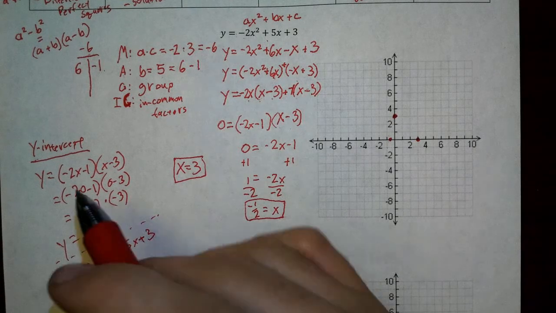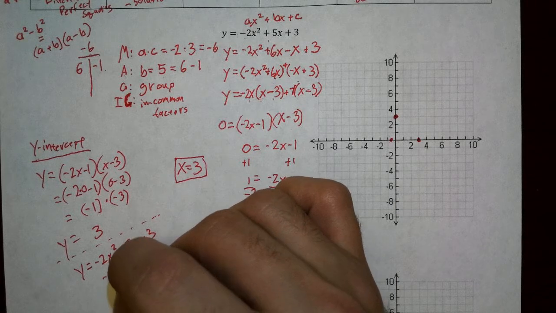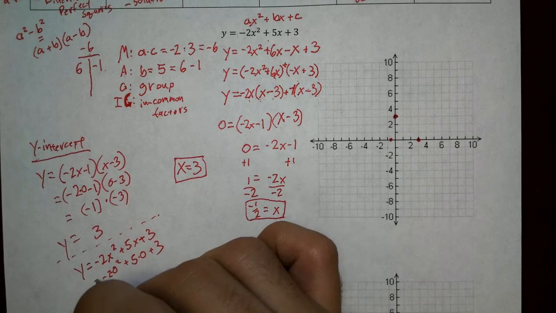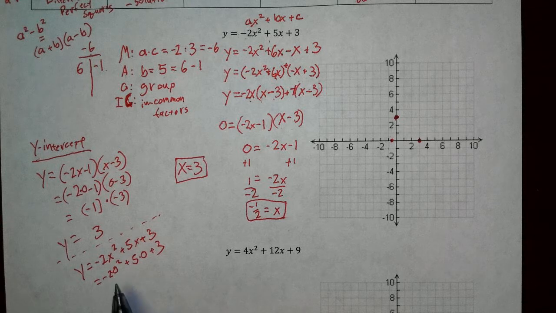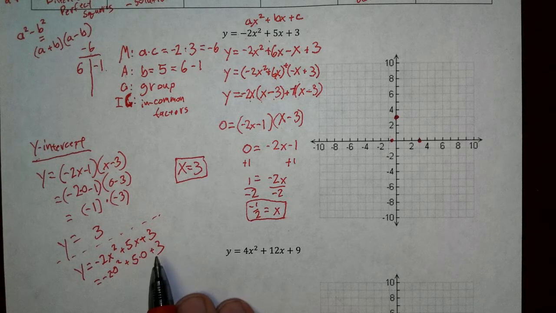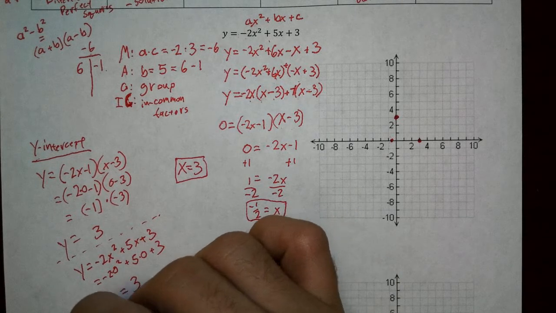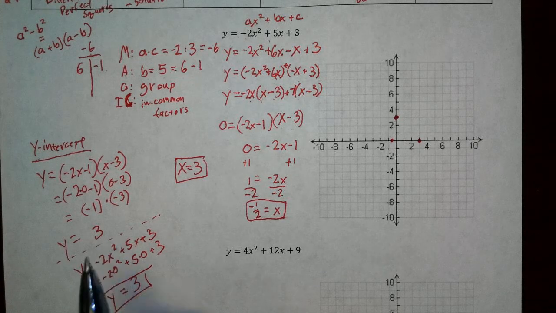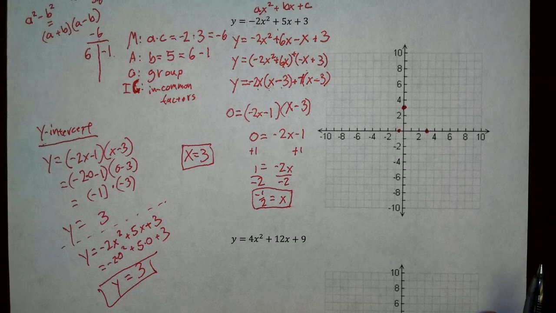We have 0 squared, times negative 2, plus 5 times 0, plus 3. What's negative 2 times 0 squared? That's 0. What's 5 times 0? That's 0. Both of these go to 0. What are we left with? 3. Which agrees with our first answer. It agrees that this is our y-intercept, which is good. It's always good to have agreement. That's the idea of logic.